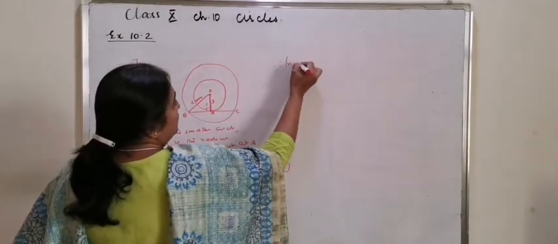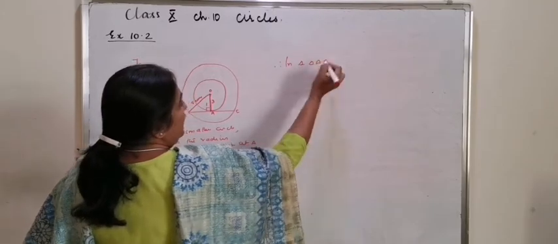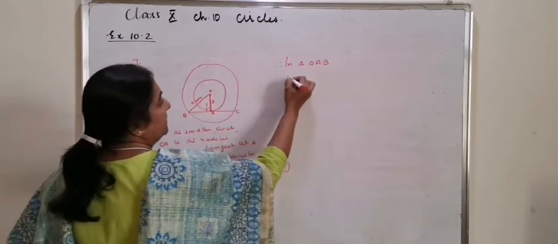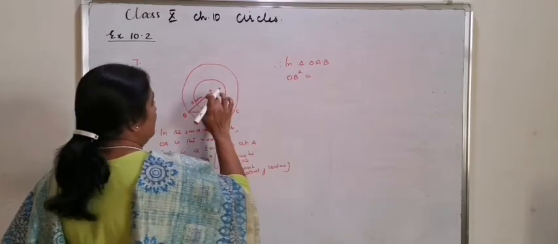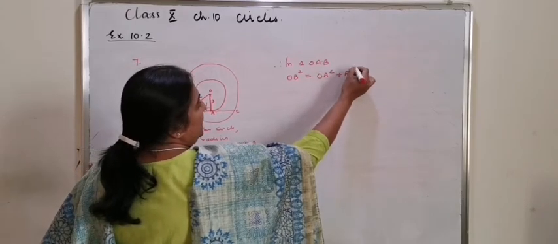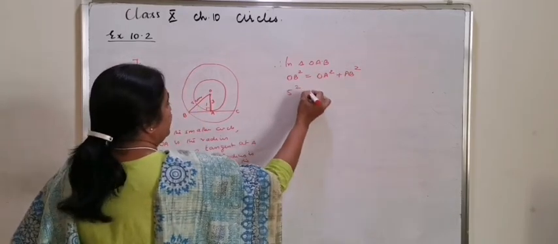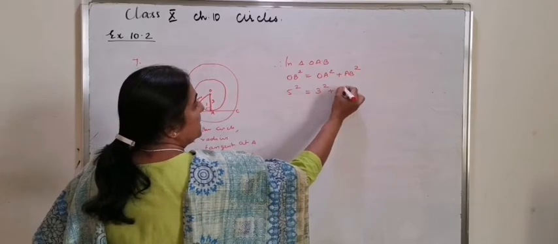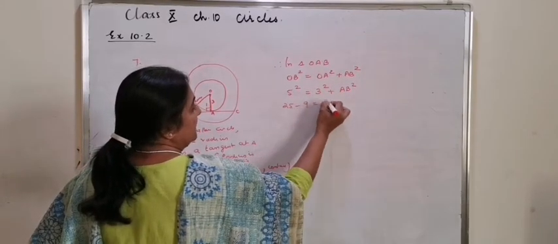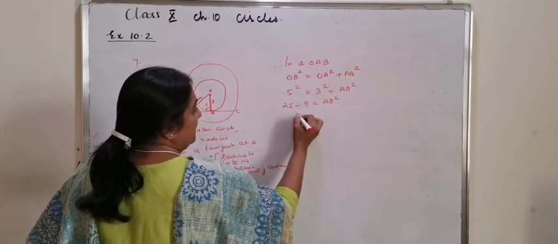Therefore, in triangle OAB, apply Pythagoras theorem as OB square is equal to OA square plus AB square. 5 square is equal to 3 square plus AB square. 25 minus 9 is equal to AB square.